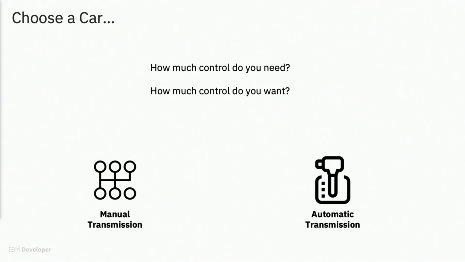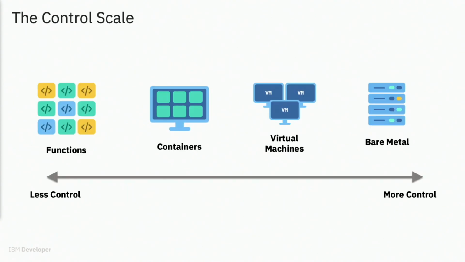I don't want to think about maybe internally what's going on. I know that's a little bit oversimplified, but if we look at it in terms of a scale from first control, right? So functions are going to give you less control. We move along the path of containers, VMs, and then you get to running the bare metal. That's the spectrum, less control versus more control.